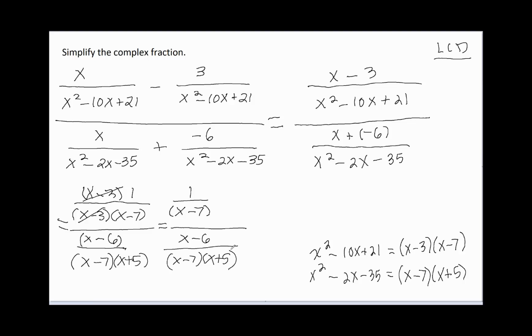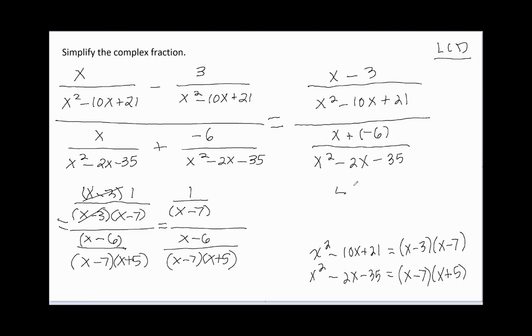Now, even though I have reduced my numerator, I still have a fraction within a fraction. So I'm going to use the LCD method now that I have reduced as much as I can to go ahead and help me clear these denominators from this complex fraction.